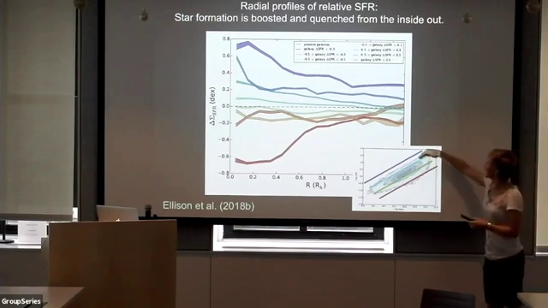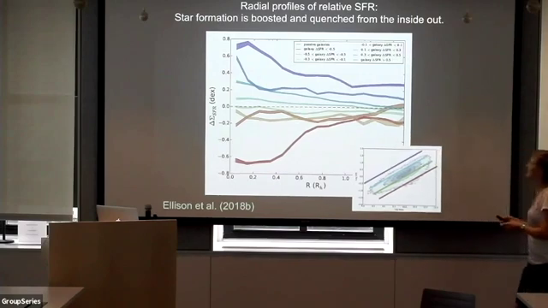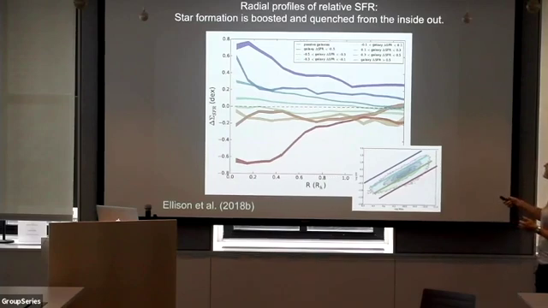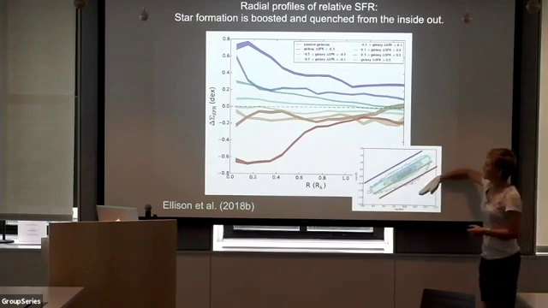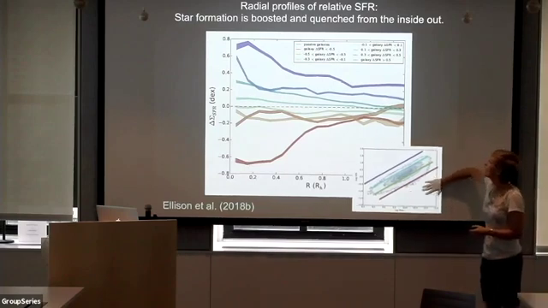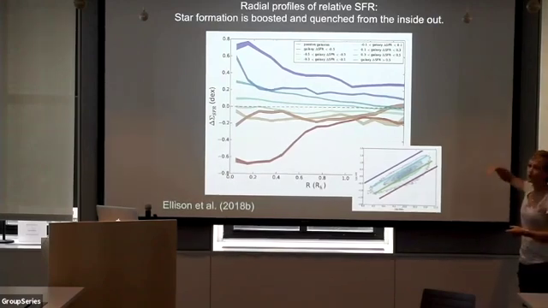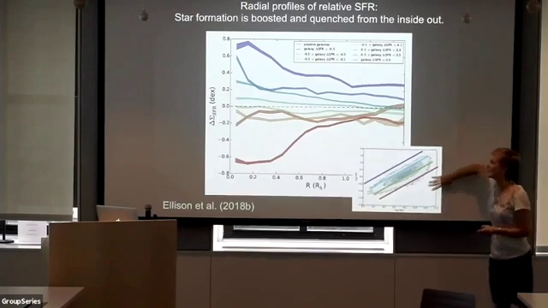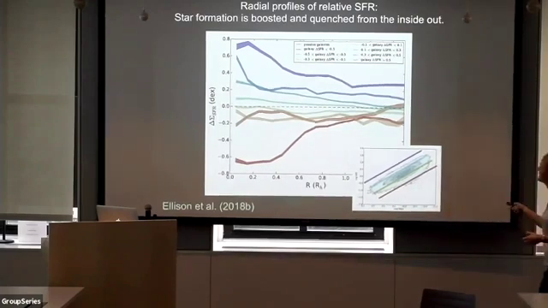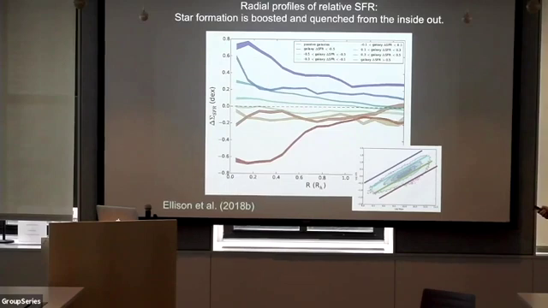Then you can step down through the main sequence, and that's the color coding going from the colder colors to the warmer colors, until you're down in the so-called passive or quiescent sequence, which is these galaxies that have very low star formation rates down here. For those galaxies, which is the red line, we see basically the mirror image of the starburst galaxies.